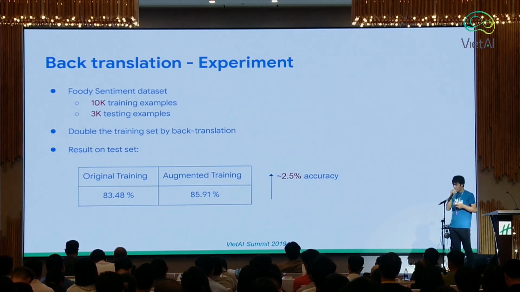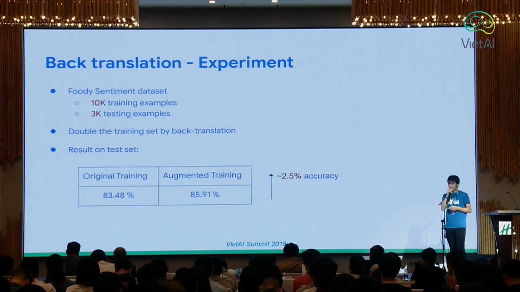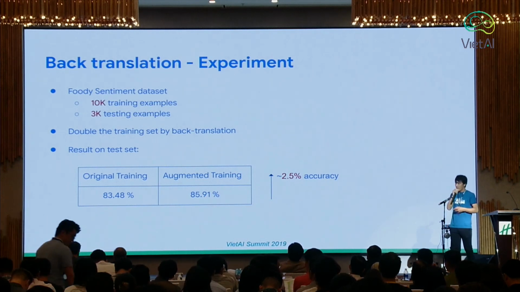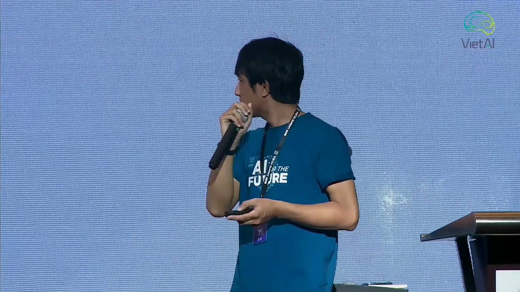We also made a small experiment to investigate the effectiveness of backtranslation using the sentiment dataset. And when doubling the dataset with backtranslation, we can improve our performance by 2.5% accuracy.